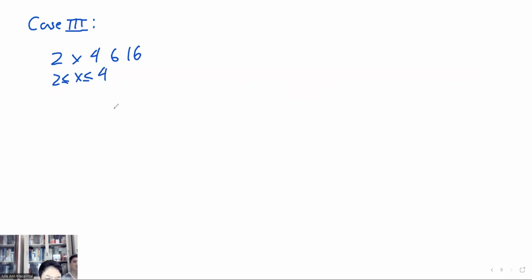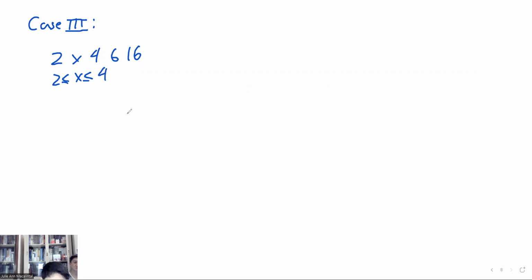So, when we go backwards this time from 6, what if x is in between 4 and 2? Actually, I don't think there will be any issues if it is either x or 4.